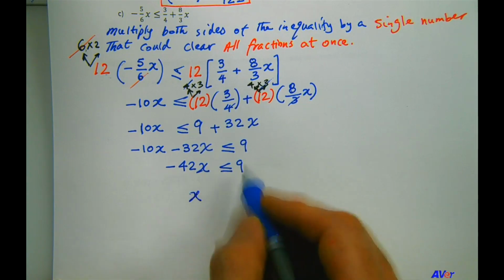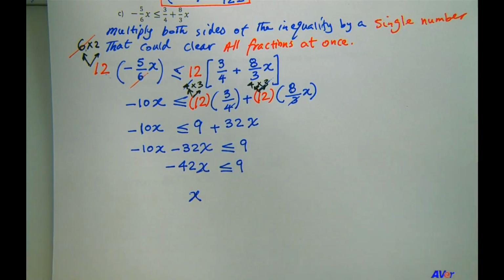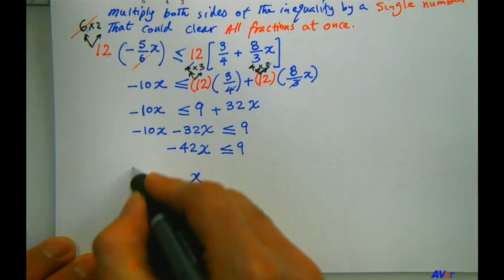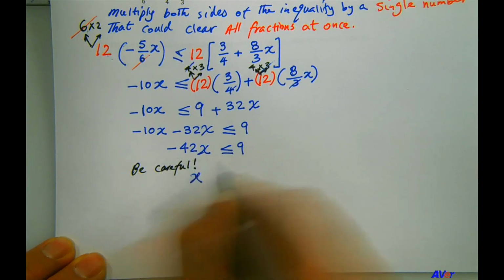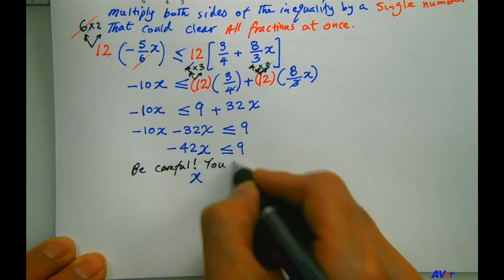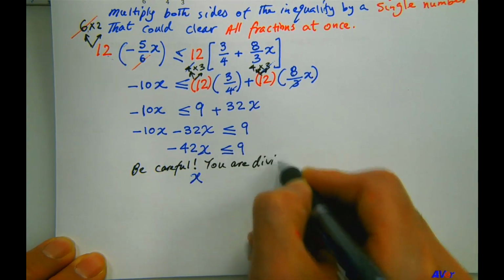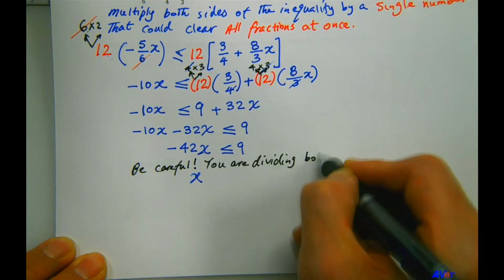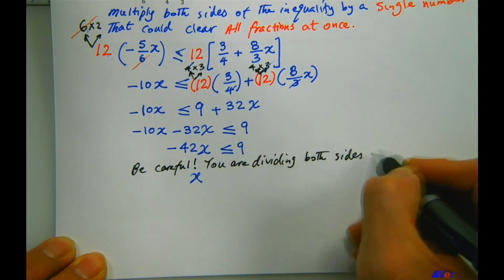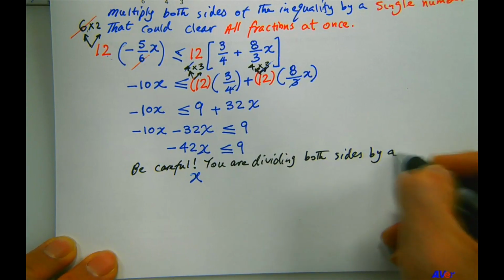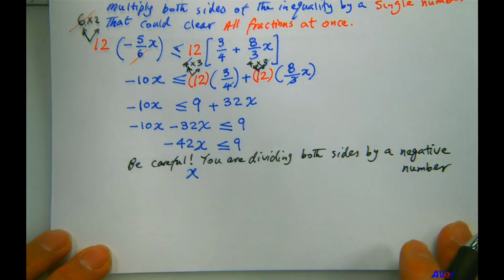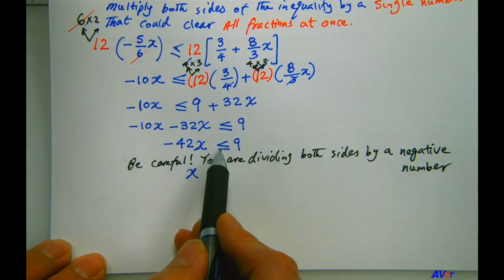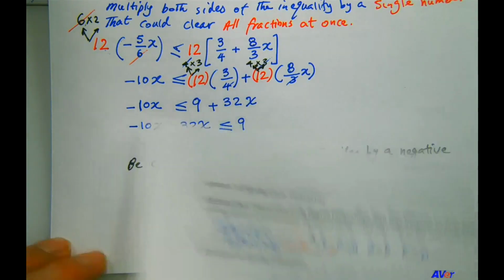In that case, we've got to be very careful here. So let me write that. Be careful: you are dividing both sides by a negative number. Okay, so that means the inequality, as we learned on the first page, remember that?